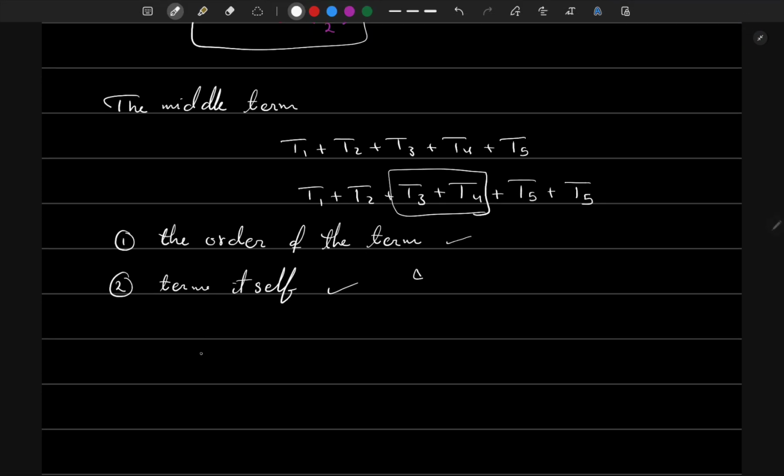Now, let's start by finding the order of the term. If I have an expression that is raised to the power of 4, we know that the number of terms equals the power itself plus 1. So I'm going to have actually 5 terms.